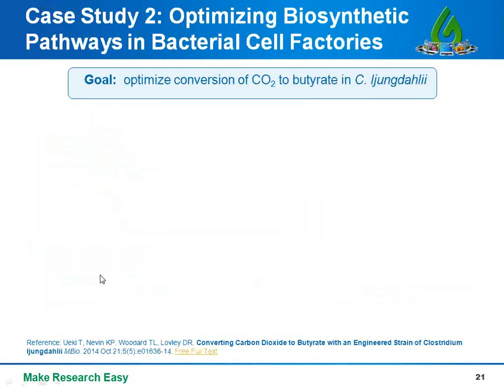Okay, so let's look at a second case study now. This is in bacterial cells. And here, this is a metabolic engineering study where the goal is to optimize conversion of carbon dioxide to butyrate in a Clostridium microbial host.